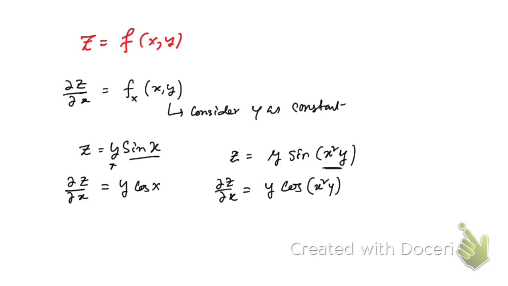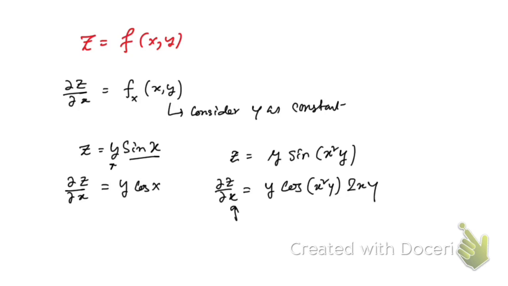Then, as it is a function of function, we again differentiate the part within the bracket. Here you can see x square into y, but don't apply the u into v multiplication rule, because we are differentiating partially with respect to x. When you differentiate a function partially with respect to x, y should be taken as constant. So if you differentiate x square y, you get 2xy.